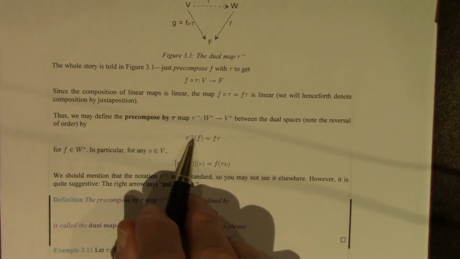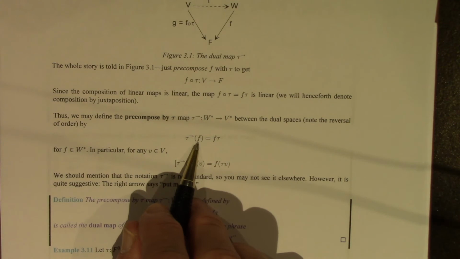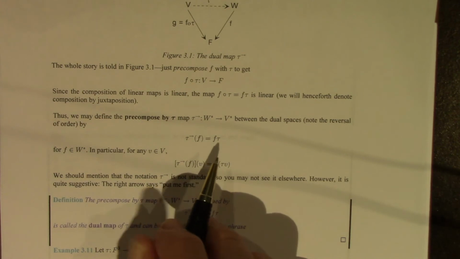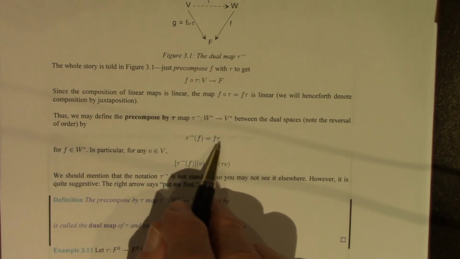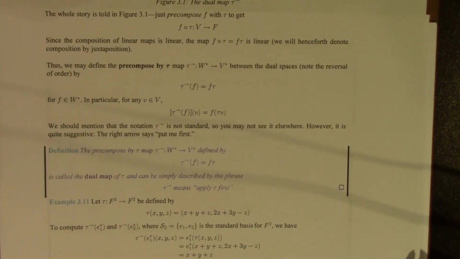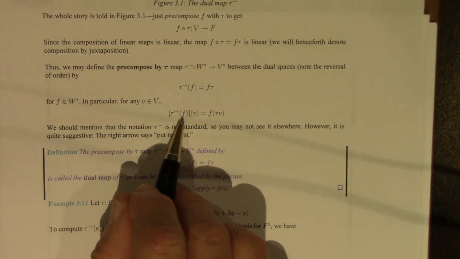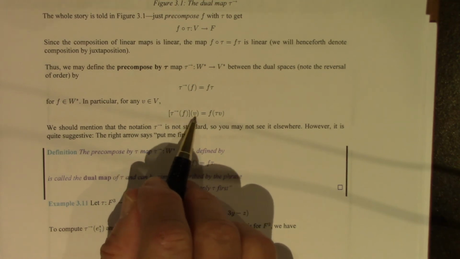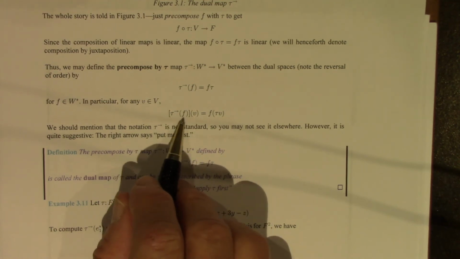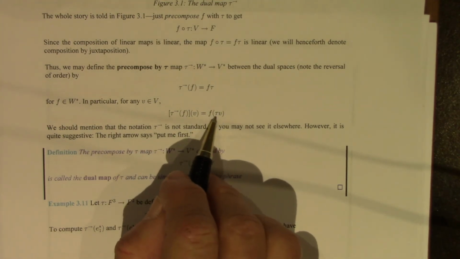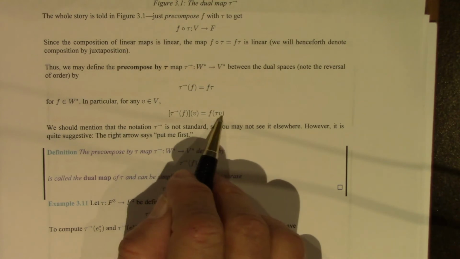So tau arrow of F is F tau, or this is F composed with tau, but it's commonplace to denote composition just by juxtaposition in this context. So in particular, for any vector V, tau arrow F applied to V, you just apply tau first to V, then you apply F.